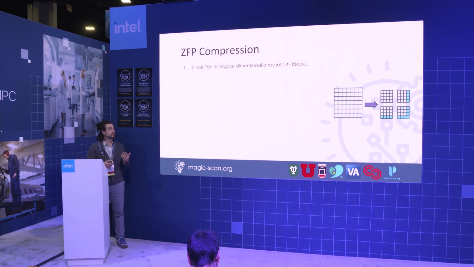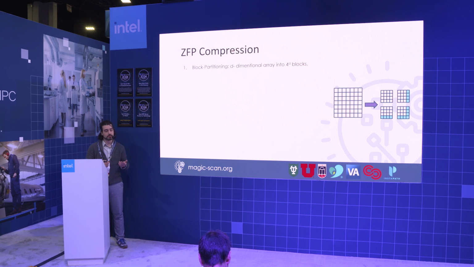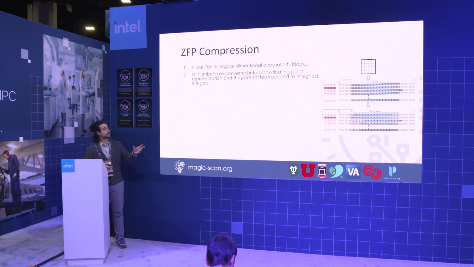The algorithm starts by block partitioning the data set into 4^D blocks, D meaning the dimensionality. So if it's a 2-dimensional data set you're compressing, then it's going to be 4 by 4, i.e. 16. If it's 3-dimensional, it's going to be 4 by 4 by 4. And then each block is assigned to a work item, ideally a thread, and those threads start processing and compressing the data.